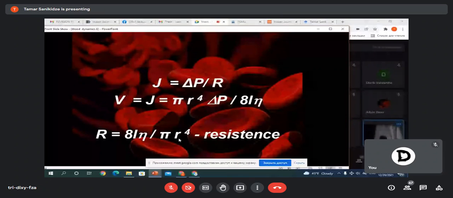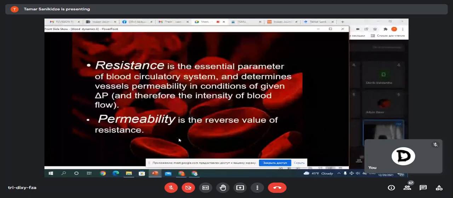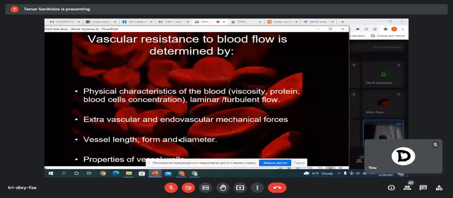This shows both the pressure generated by the heart, or in this case we can say the energetical characteristics of the heart, and also the property of the blood circulatory system, including the blood vessels and blood, which determine the intensity of the blood flow, which is very important for the normal functioning of the whole body, the different systems and organs.